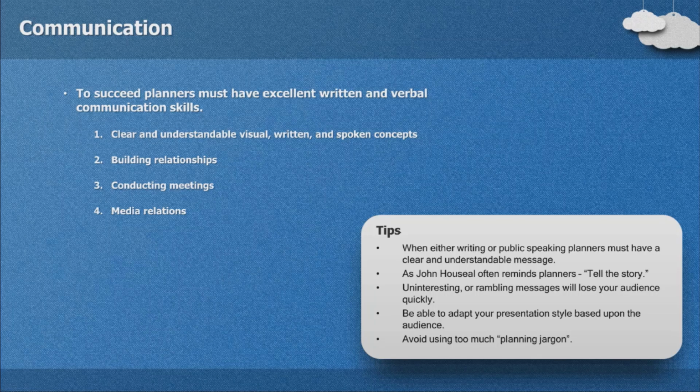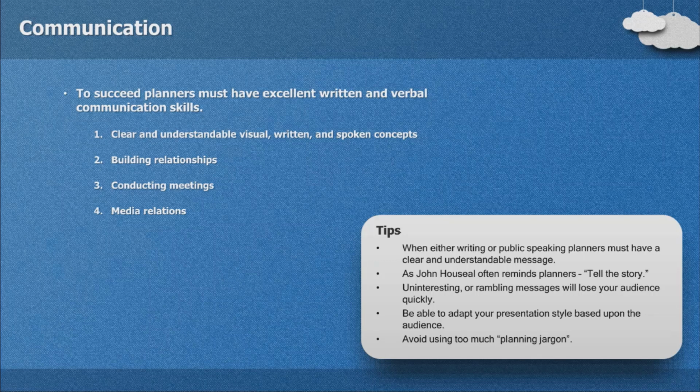Planners, for whatever reason, have this desire to use jargon. There's a book that the APA publishes called Planning in Plain English. When you read it, they'll show you how a planner wants to word a sentence and then how to say it more succinctly. When I grade my students' papers, it's usually a red flag for me when they keep telling me the same thing over and over again.